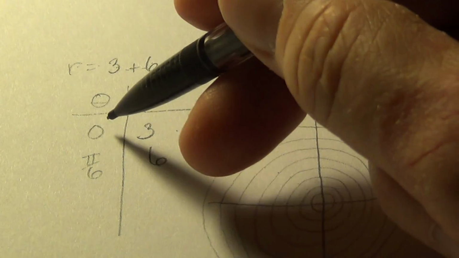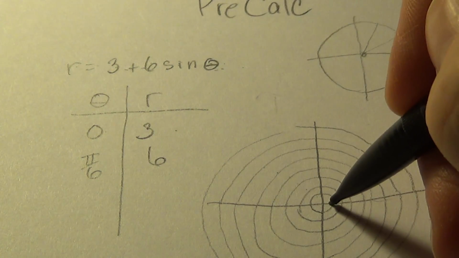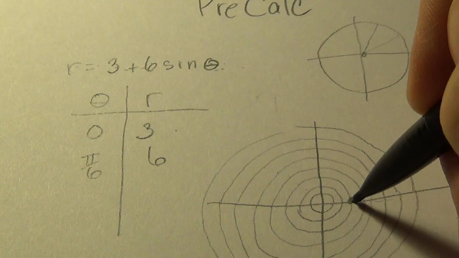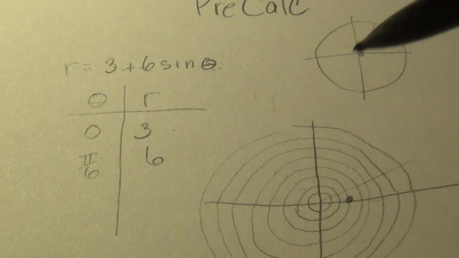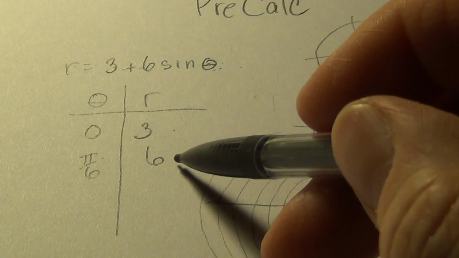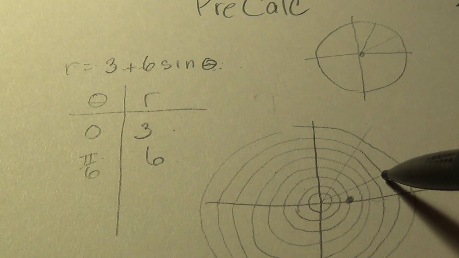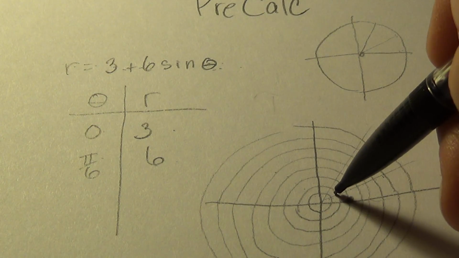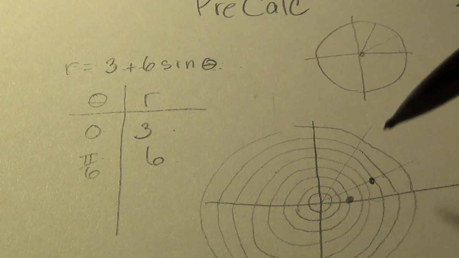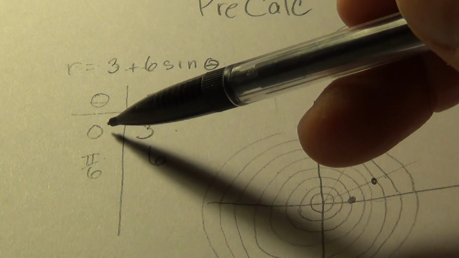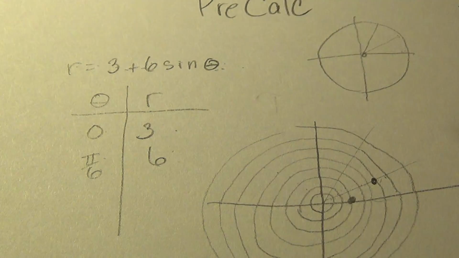Alright, so at 0 degrees, which is right here, I'm going to go out a radius of 3. And at pi over 6, which is here, I'm going to go out 6. 1, 2, 3, 4, 5, 6. Now I have to draw a line that goes from 0 degrees to pi over 6, from 3 to 6.